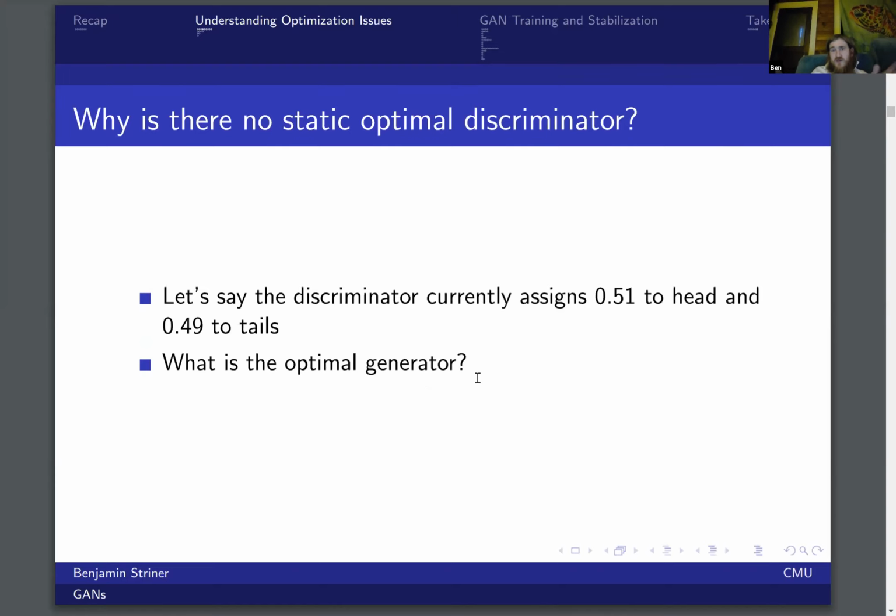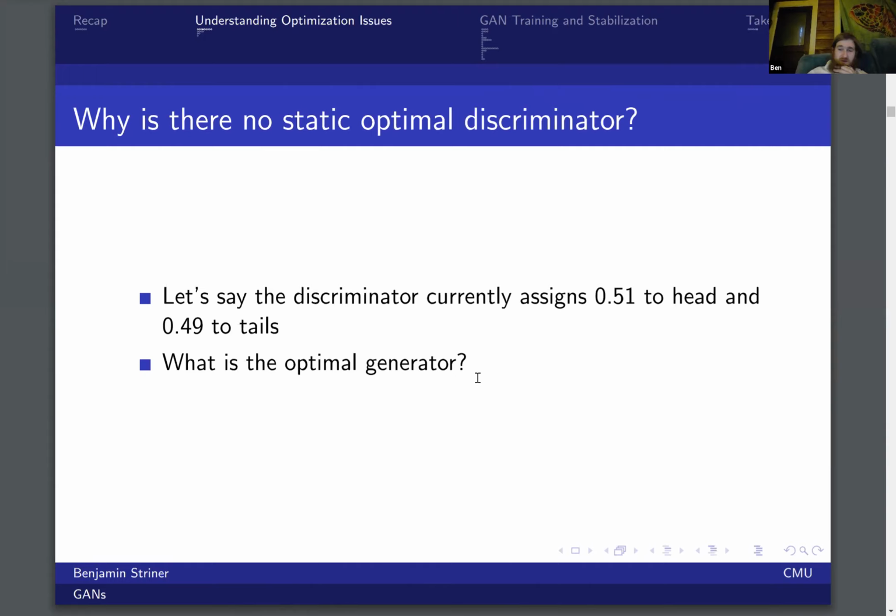Let's say we have that situation and our discriminator outputs 51% heads and 49% tails. If we kept that discriminator completely static and trained our generator all the way against that discriminator, what do you think the optimal generator for that discriminator would output?